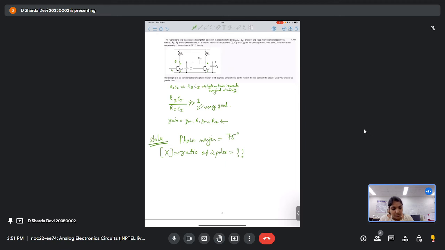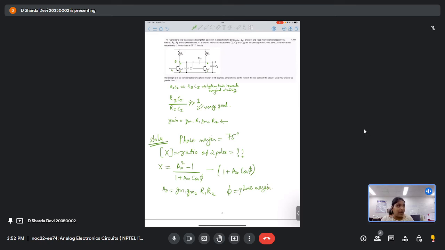The formula for x, which was derived in class, that is the ratio of the two poles, is a naught square minus 1 upon 1 plus a naught cos phi, minus 1 plus a naught cos phi. What is a naught? A naught is the DC gain, and it is given by gm1 gm2 r1 r2, and phi is the phase margin.